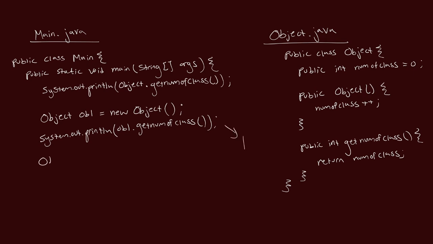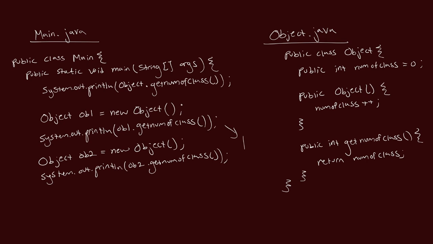Now if we call another object, let's call this ob2, and we do system dot out dot print line, and we do ob2 dot get num of classes. What you're going to see is this is also going to display 1, but we don't want that.